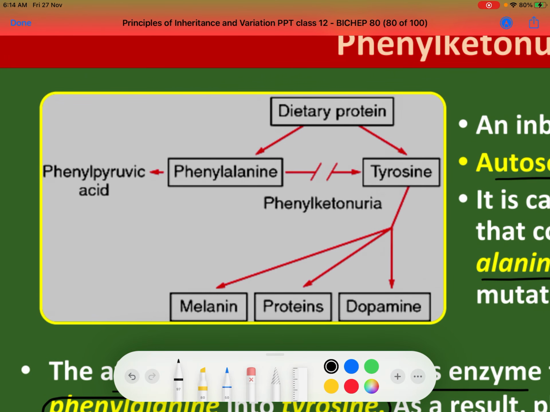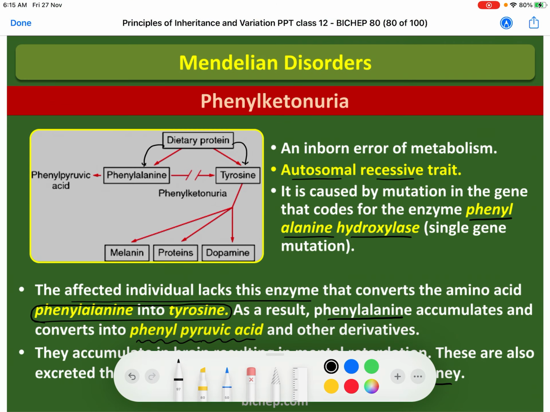Dietary protein is converted into phenylalanine or tyrosine. Whatever phenylalanine is produced has to be converted into tyrosine.